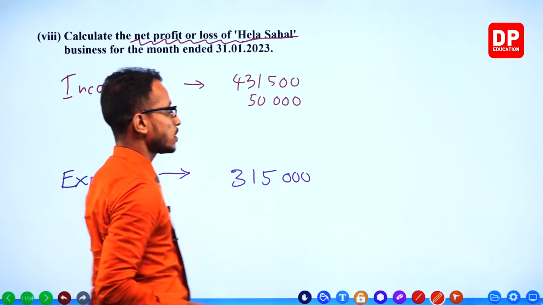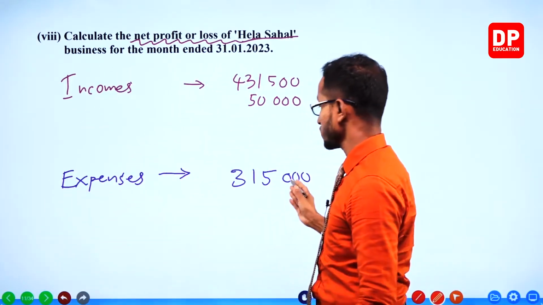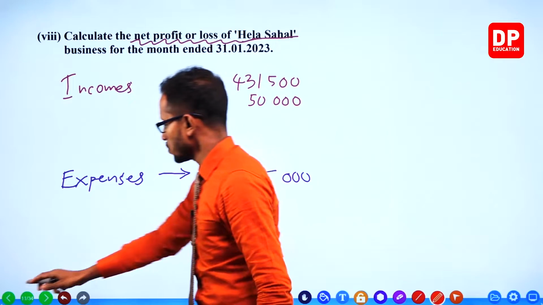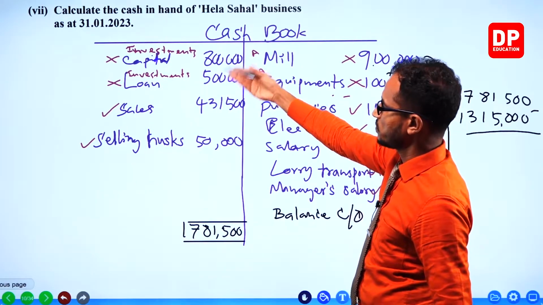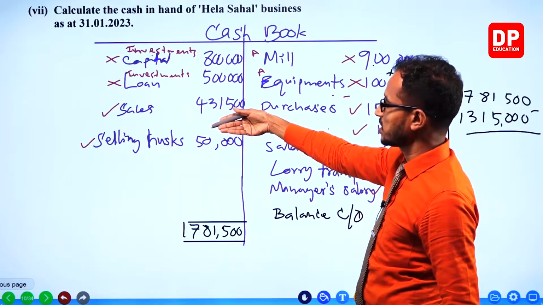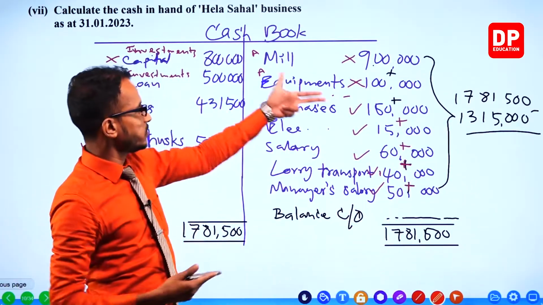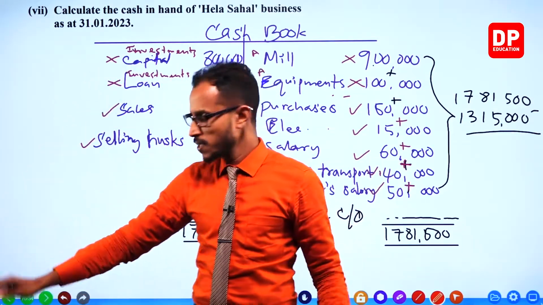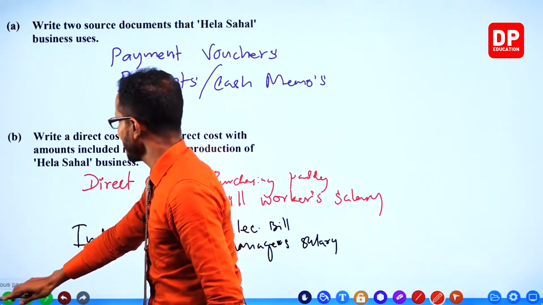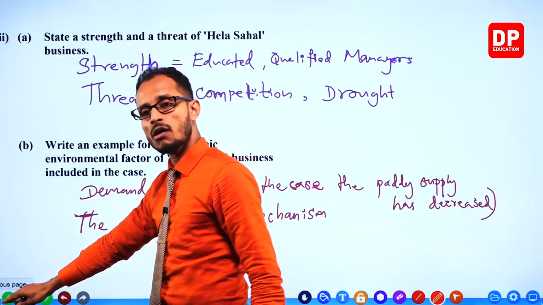Okay. Not all the expenses are here yet. Let's go to the case and see. Out of these, we took the necessary expenses. Now, any additional information?